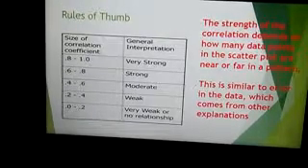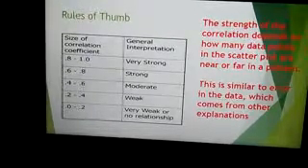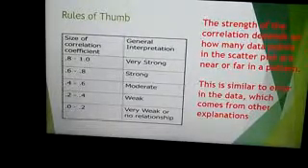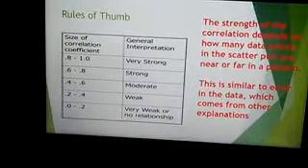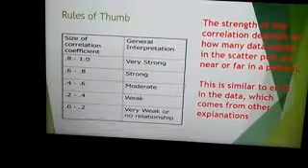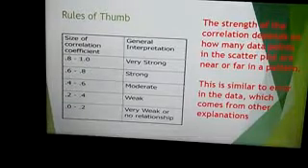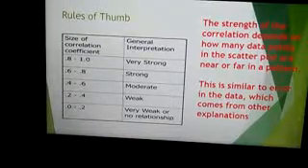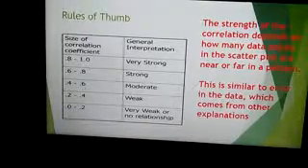If it ranges from 0.6 to 0.8, there is a strong correlation. If 0.4 to 0.6, there is a moderate correlation. If 0.2 to 0.4, there is a weak correlation. And if it is 0.0 to 0.2, it is very weak, or there is no relationship at all.